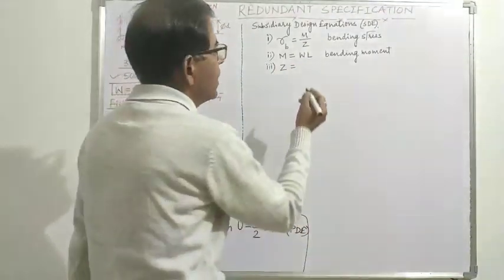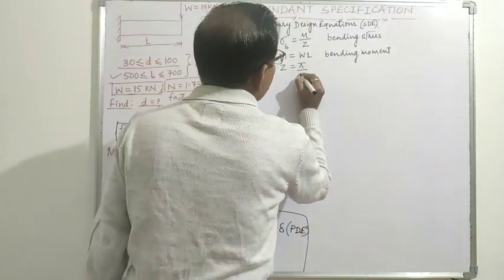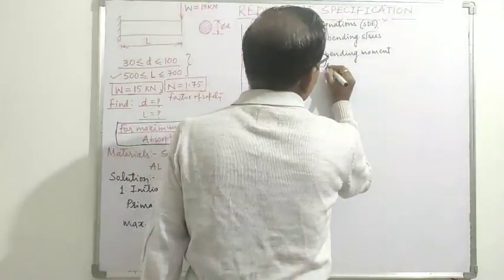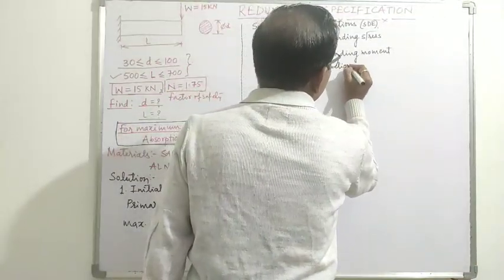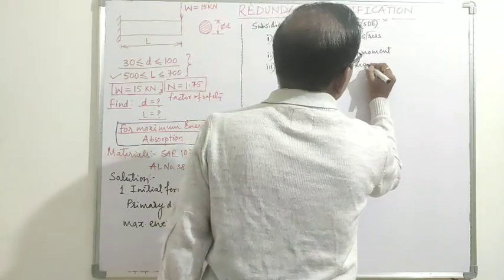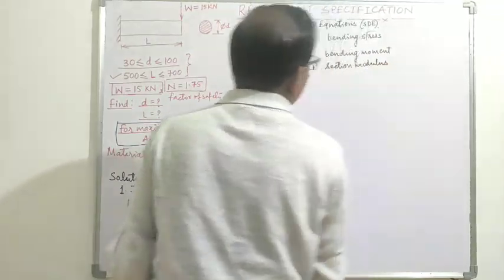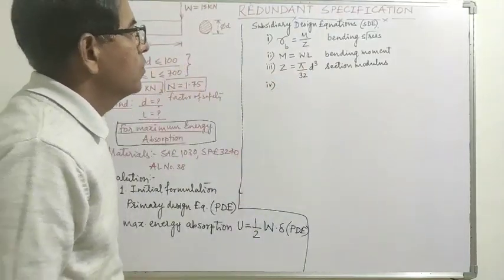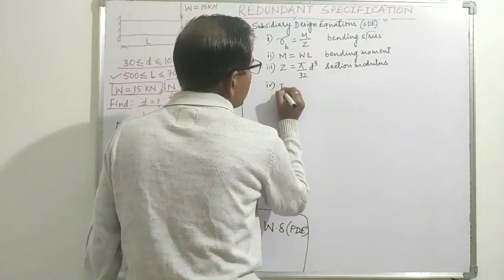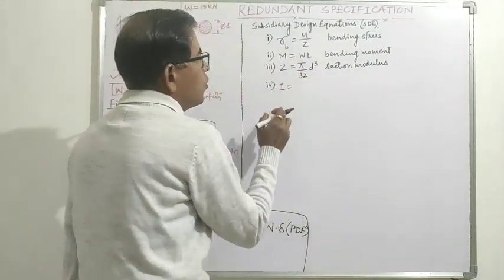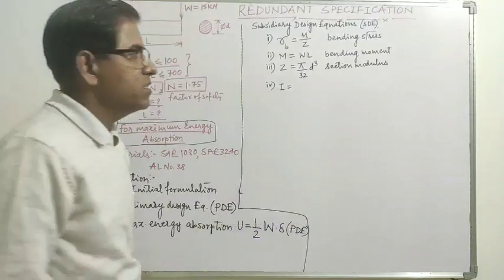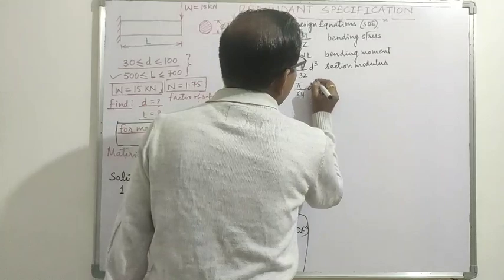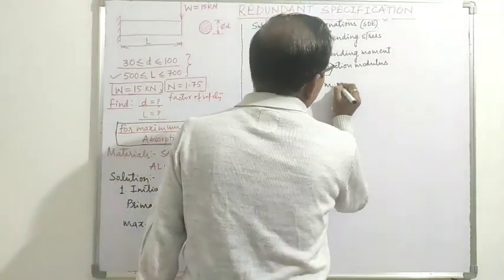Again check the design data book. Section modulus is given by pi by 32 d cube. Then the fourth one is the moment of inertia, I. The moment of inertia for this type of arrangement is given by pi by 64 d to the power 4.